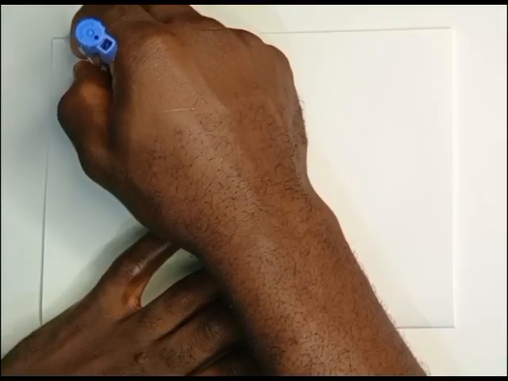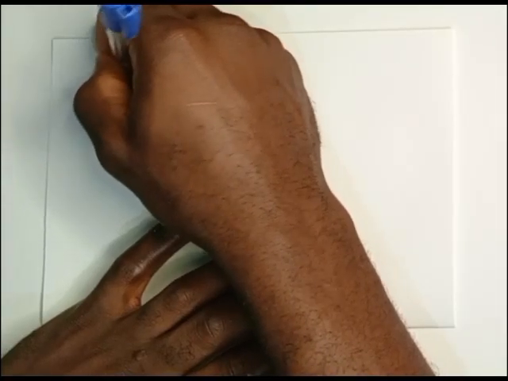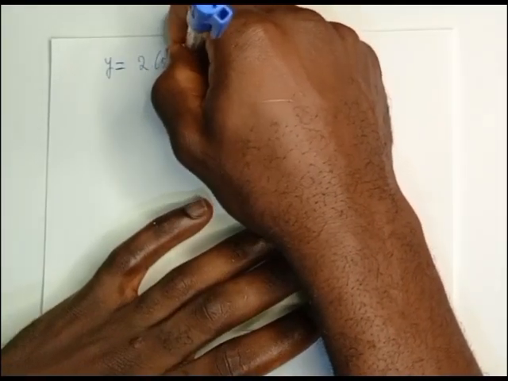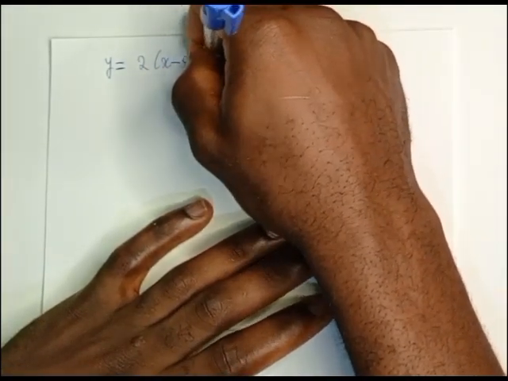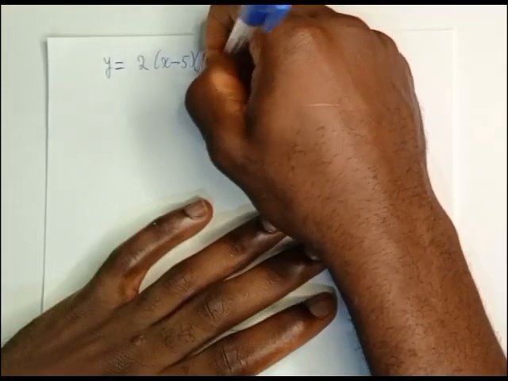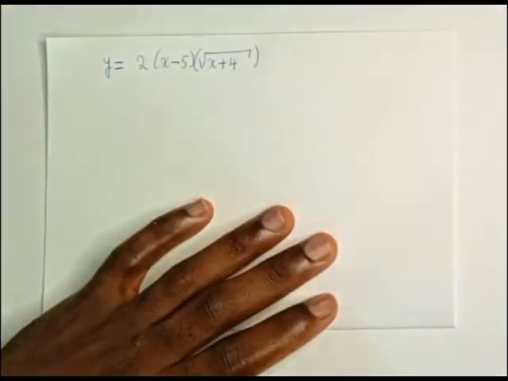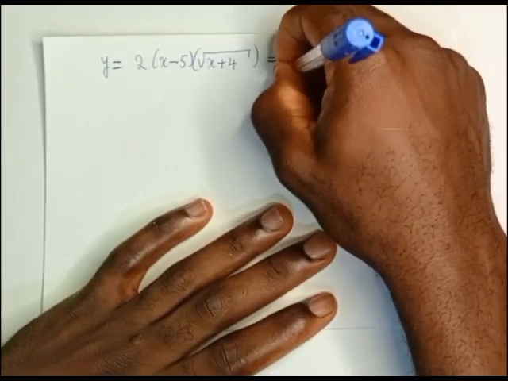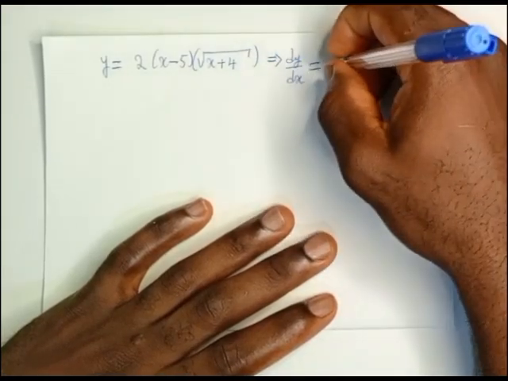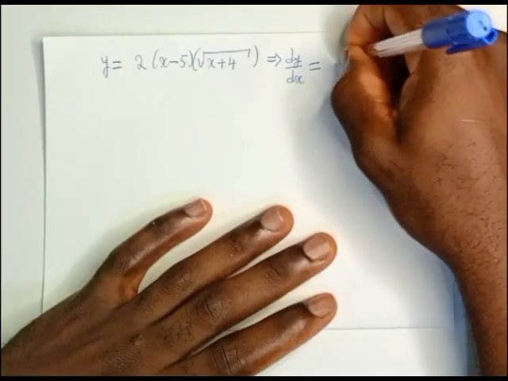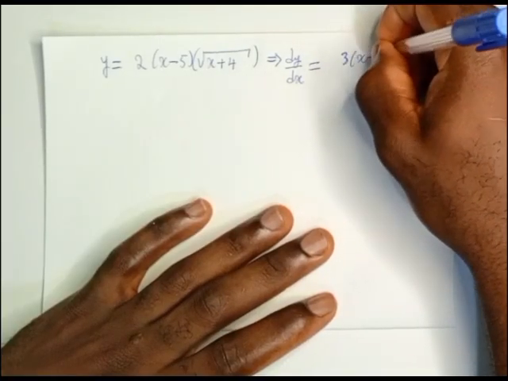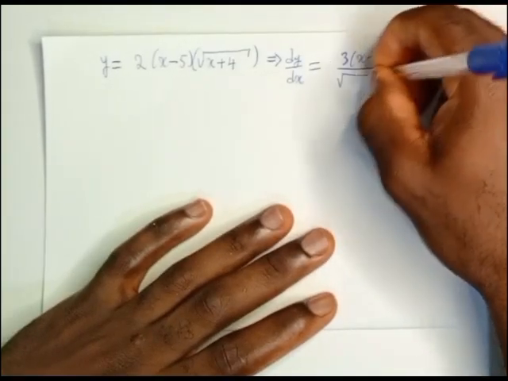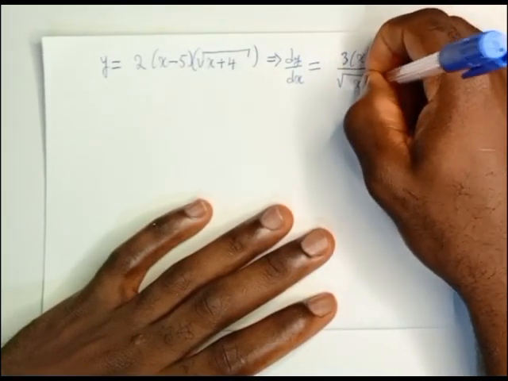We have been able to show that for y equal to 2 times x minus 5 times the square root of x plus 4, dy over dx is equal to 3 times x plus 1 all over the square root of x plus 4.